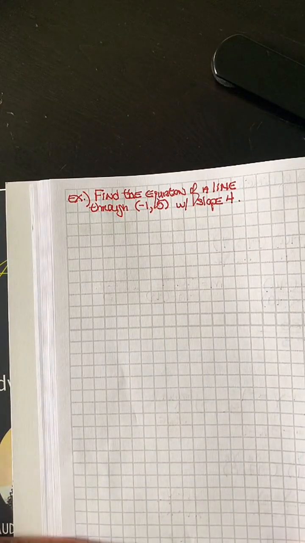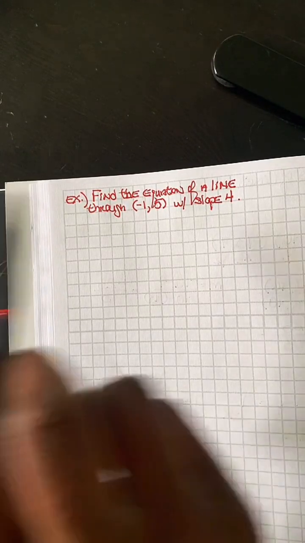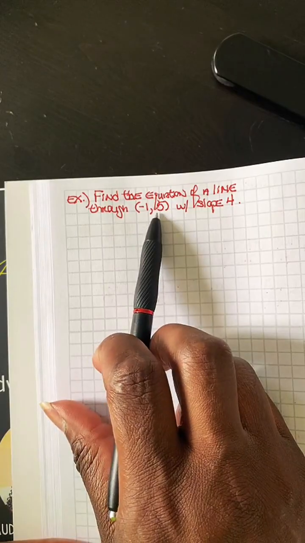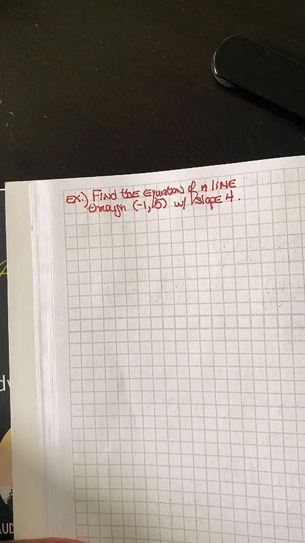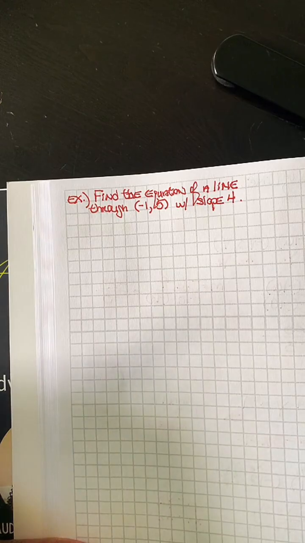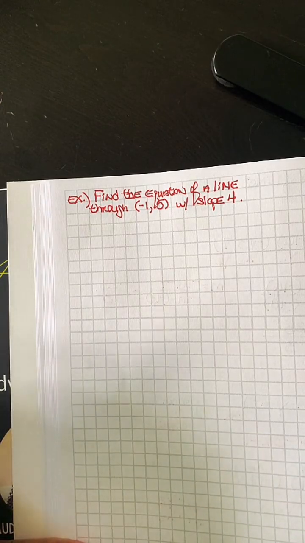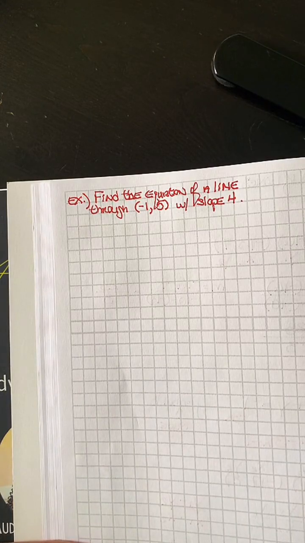Okay, so we're looking for an equation line that's going to pass through this point, (-1, 5), and it has a slope of 4. So we just need the equation line, that y = mx + b. We can take this one of two ways, but we want to keep it as simple as possible so you won't have so many formulas to remember all in one batch. So we know y = mx + b.